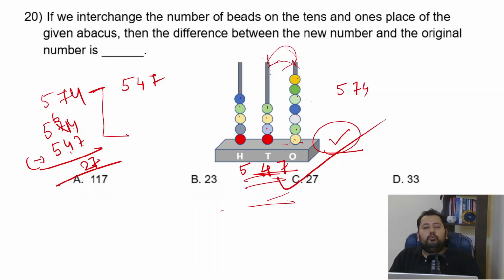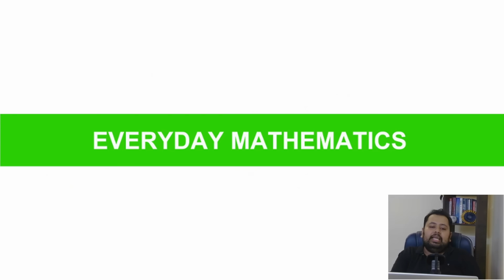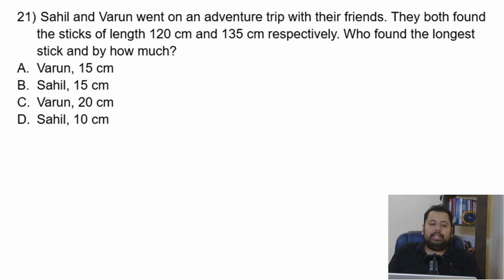And now we move to the next section, that is everyday mathematics. Let's now go to question number 21. Sahil and Varun went on an adventure trip with their friends, right? They both found sticks of length 120 centimeter and 135 centimeter respectively.